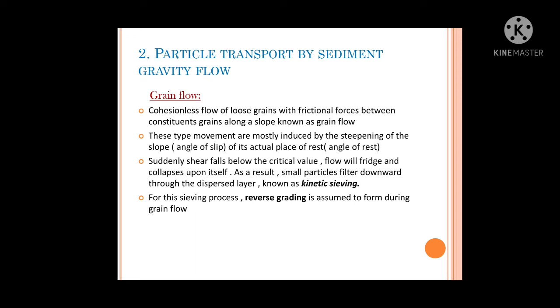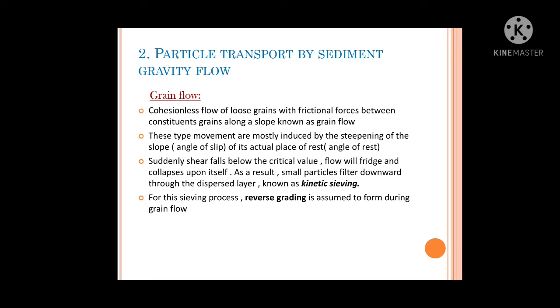Grain flow. Cohesionless flow of loose larger grains with frictional forces between constituent grains along a slope is known as grain flow. This type of movement is mostly induced by the steepening of the slope, called the angle of slip, beyond its actual place of rest, called the angle of rest.